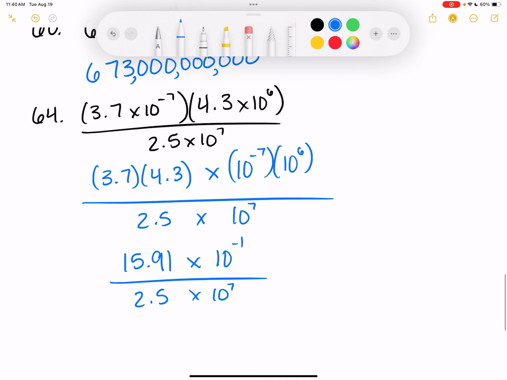What happens when I move this 10 to the 7th up here? 10 to the 6. Nope. 10 to the negative 8. Yep. So 10 to the negative 8. And then, Zach, did you do the dividing? Almost. Are you doing it by hand? No. 6.364. 6.3.